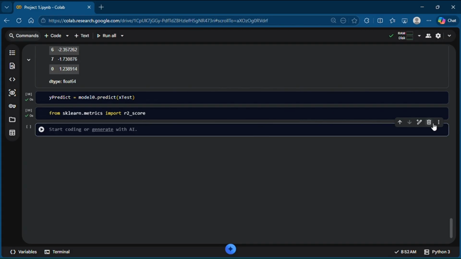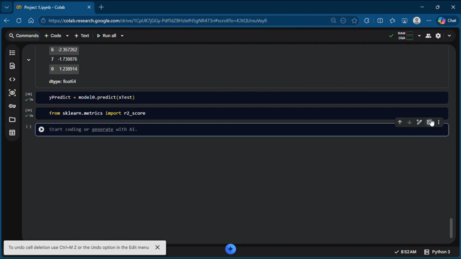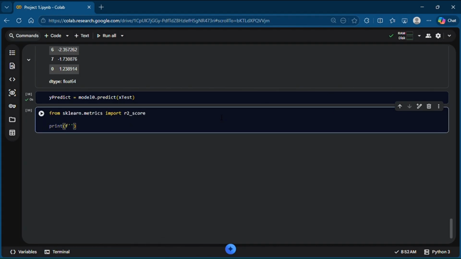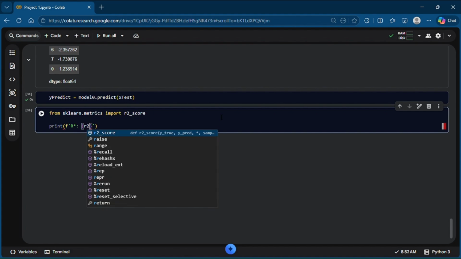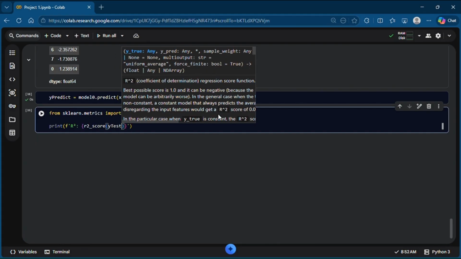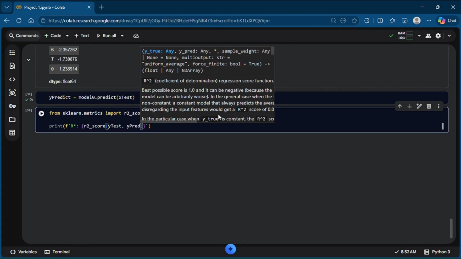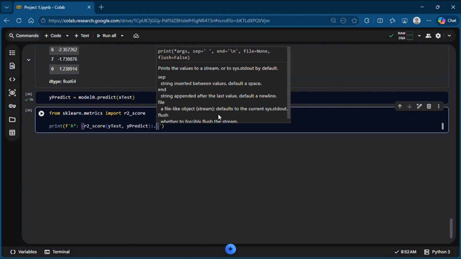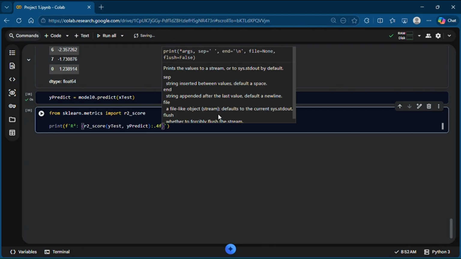Let's print this using an f-string, r2_score, putting the two variables that we're taking into consideration for this comparison: the y_test and the y_predict, with .2f.